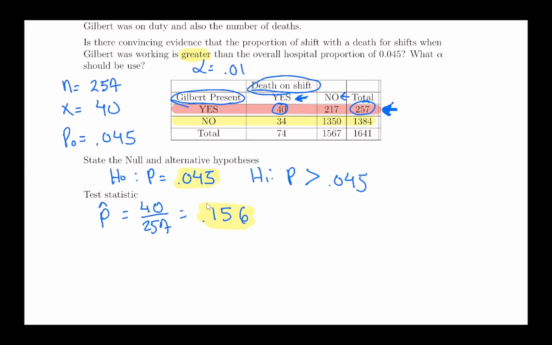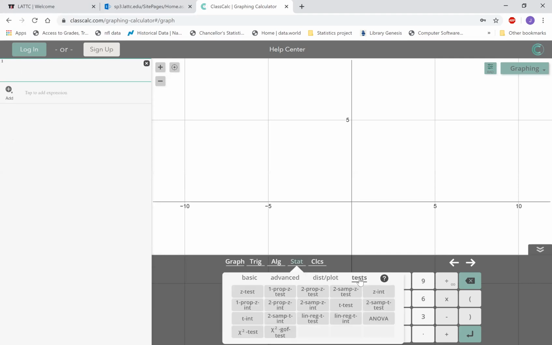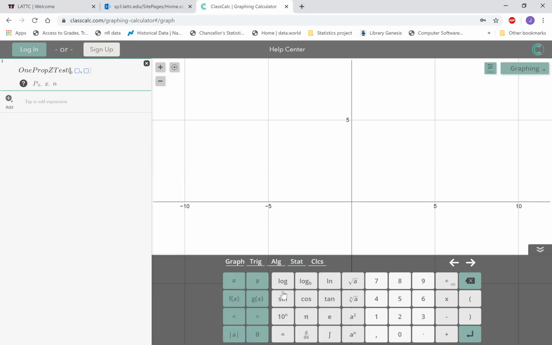So let's go ahead. We're actually going to do the test statistic now. The test statistic should back up our thinking that it should be a big jump. So we're going to do this in ClassCalc. In ClassCalc, we go to Stats, we go to Tests, and we go one prop Z test.